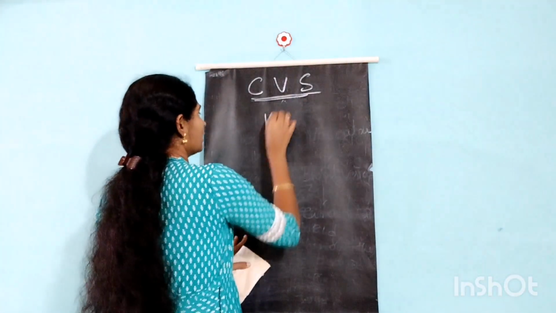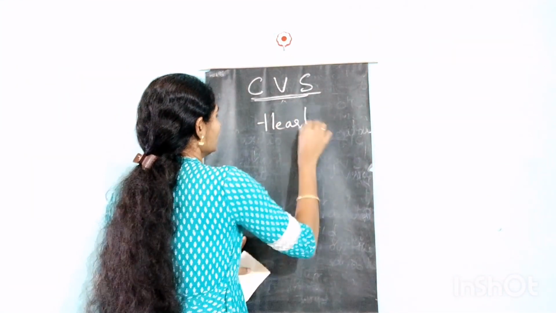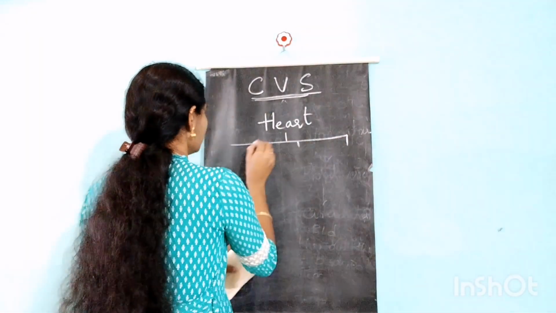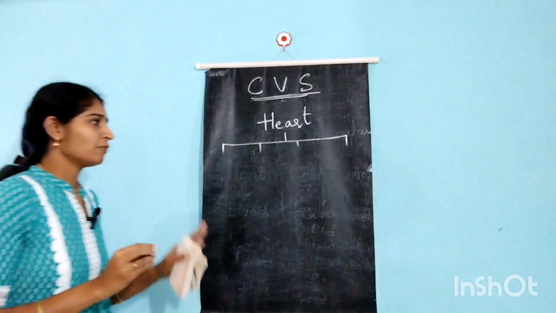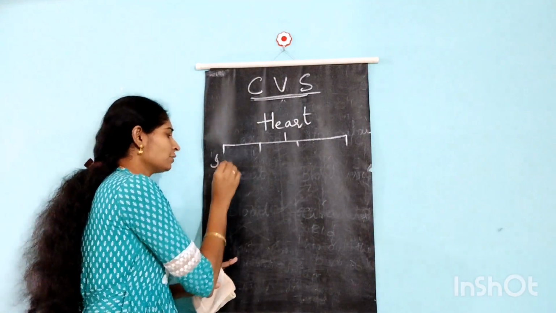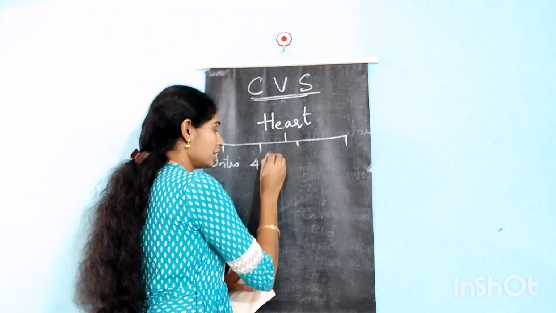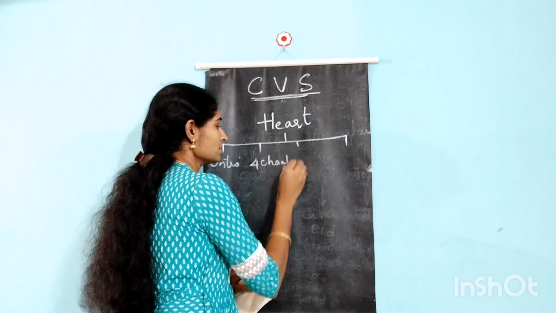First we will take up the organ heart. Under this, what are we going to study? First we will study a small intro of the organ. Then we will study the chambers, 4 chambers.